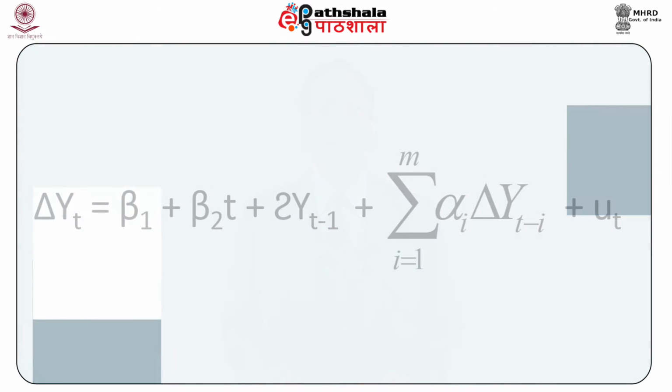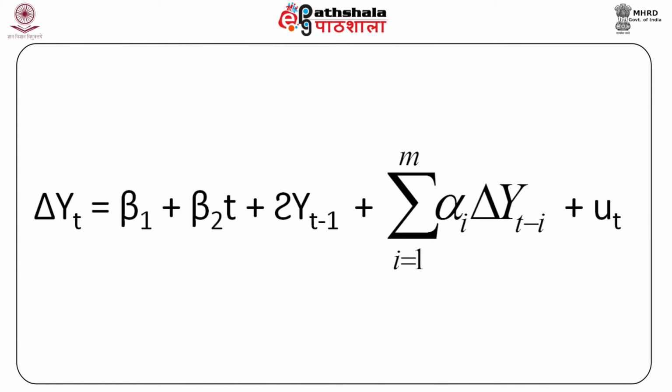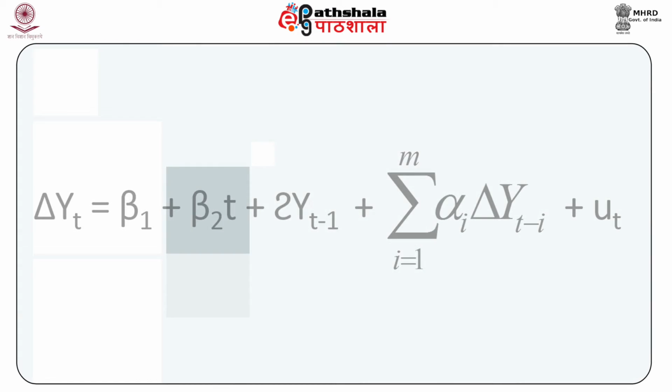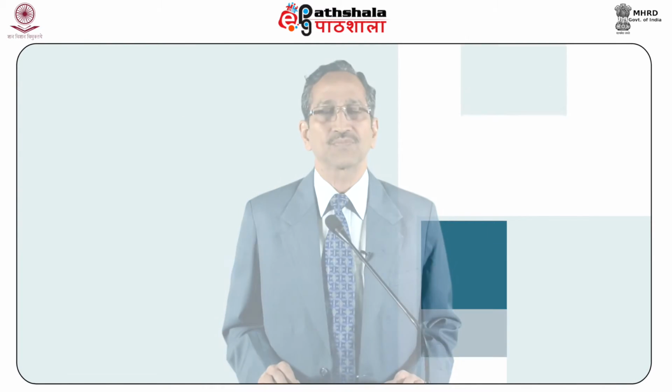So when the error term is converted into white noise, our equation becomes delta yt is equal to beta 1 plus beta 2t plus delta yt minus 1 plus the summation of alpha i into delta yt minus i, where i, as I mentioned earlier, takes the values from 1 to m, and the last term is plus ut, where ut is the pure white noise term.